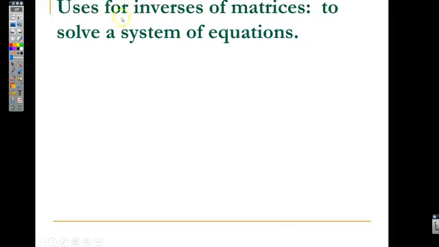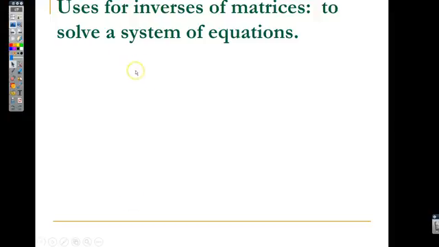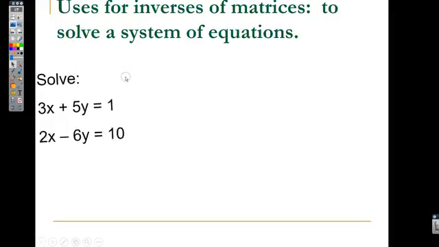So uses for inverses of matrices to solve a system.